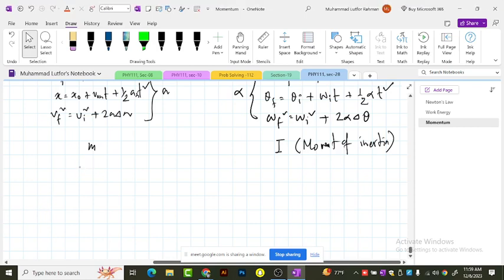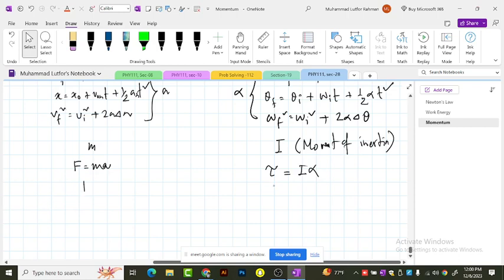And the force, which is ma for the linear part, for the angular part will be expressed by the twisting force called the torque. Torque equal to I alpha, because mass is analogous to I and a is analogous to alpha. So that's why torque would be I alpha. This is also called Newton's second law in terms of rotational motion.